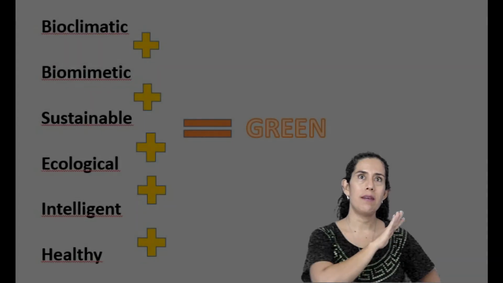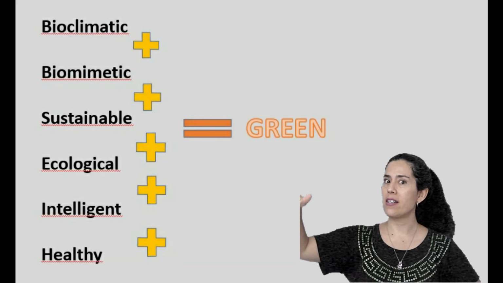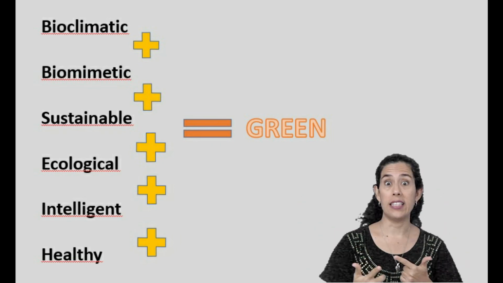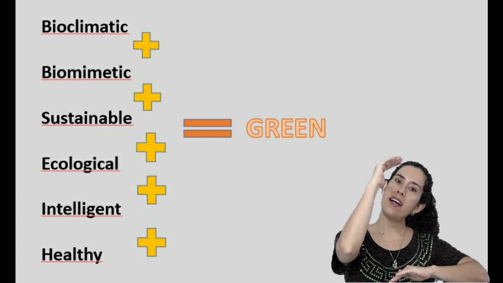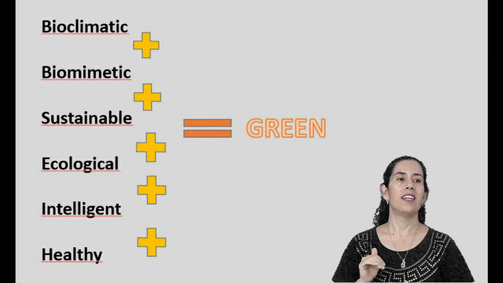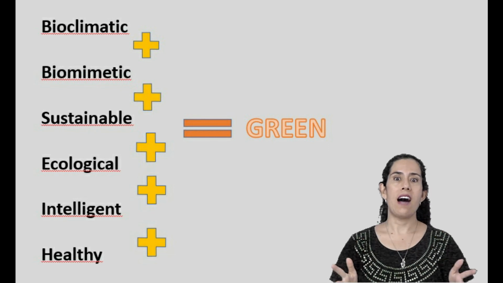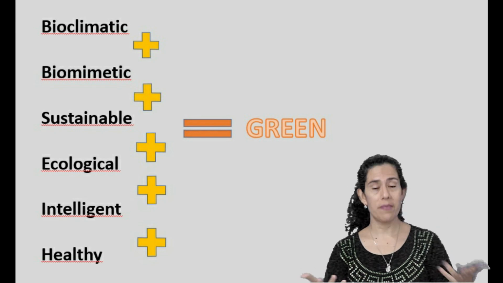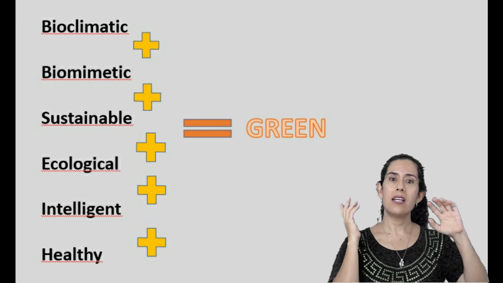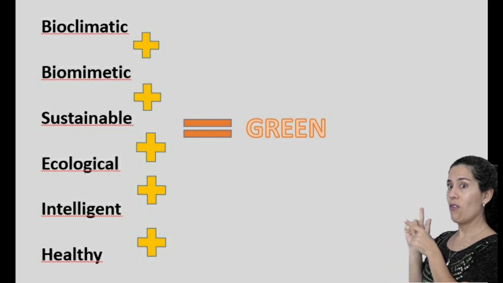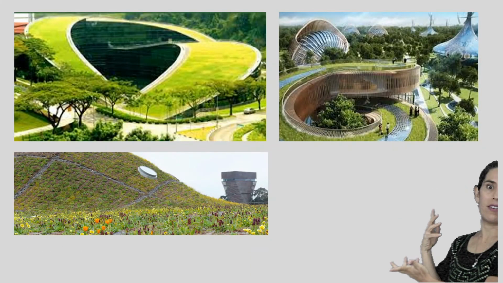Now we've talked about the most common types of architecture that are discussed as environmentally friendly. If we were to add all of them up, as shown here, we could have that the result, according to definitions, would be green architecture. Green architecture would be the definition, or the sum of all the parts.